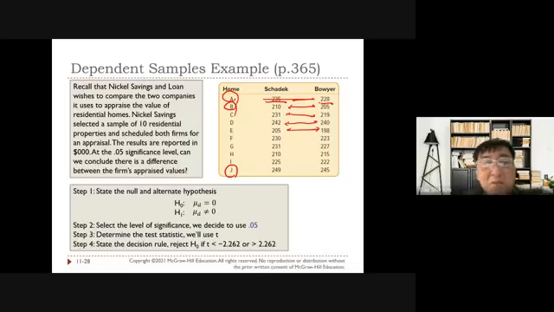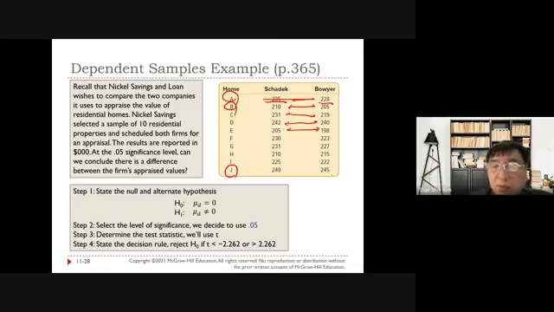Look at it carefully one by one. Recall that Nickel Savings and Loan wishes to compare two companies that appraise the value of 10 residential homes. Nickel Savings selects a sample of 10 residential properties and schedules both firms for an appraisal.